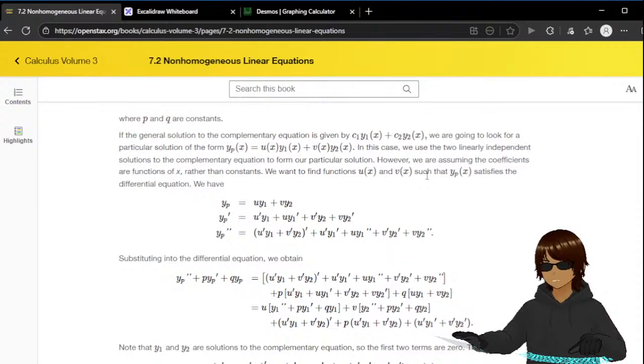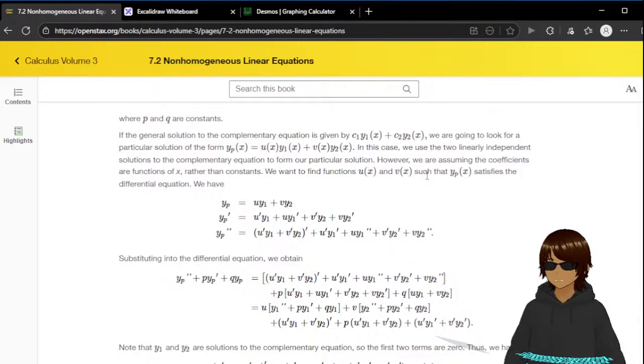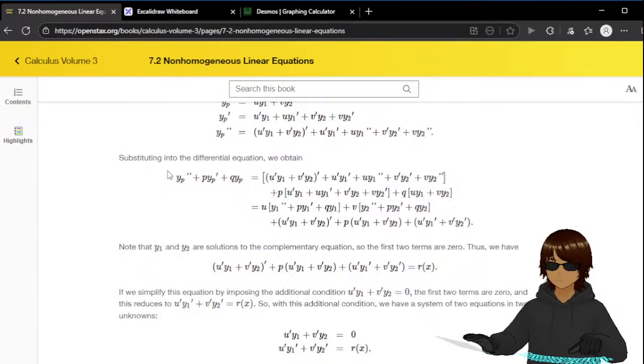However, we are assuming the coefficients are functions of x rather than constants. We want to find functions u and v such that yp satisfies the differential equation. We have yp is this, derivative of yp is this, double derivative is this. Substituting into the differential equation, we obtain this.